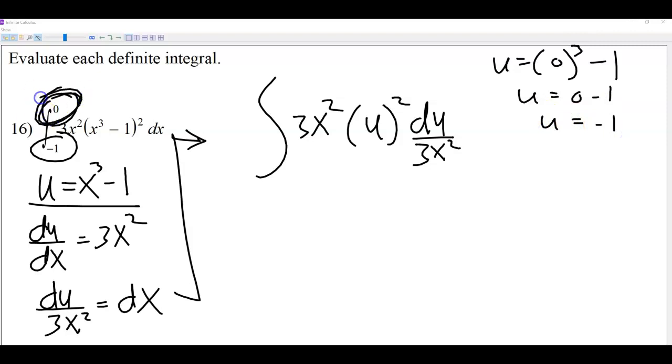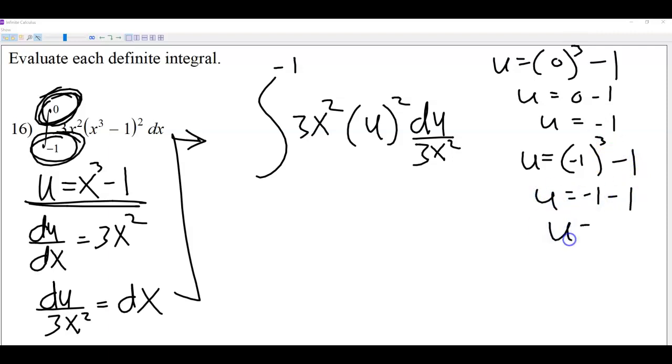So instead of having 0 on the top, now it's going to become -1. We're going to repeat that process, so I'm going to plug the -1 into this equation now. And I get -2. And so now the bottom number, which was -1, now becomes -2.